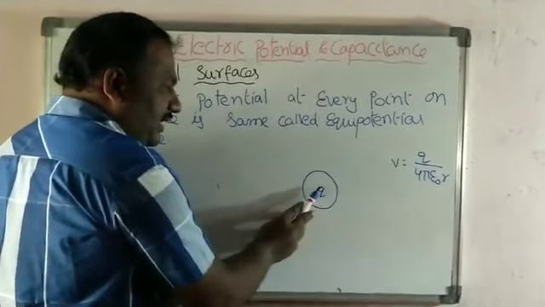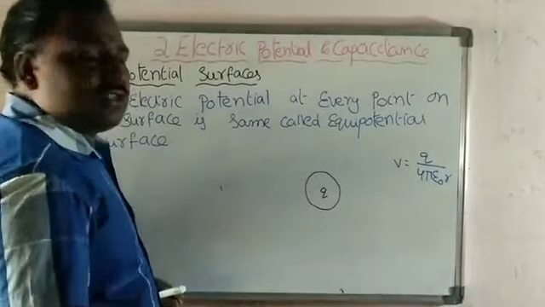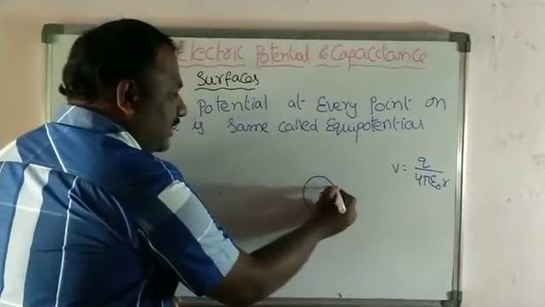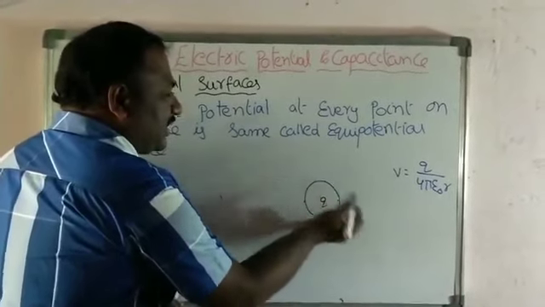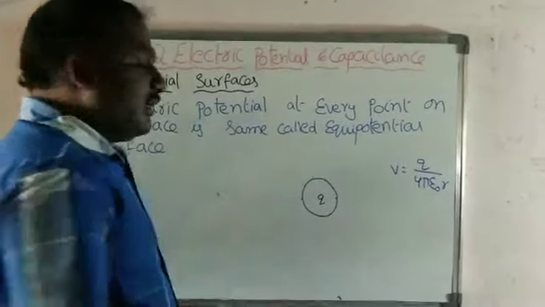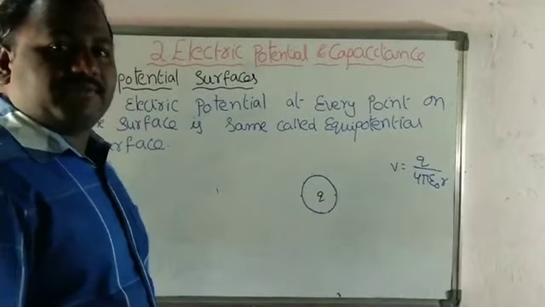On this circle, at any point, the distance from the charge is constant. So if you consider any point on this circle, the potential at any point will be equal. This surface can be called an equipotential surface.